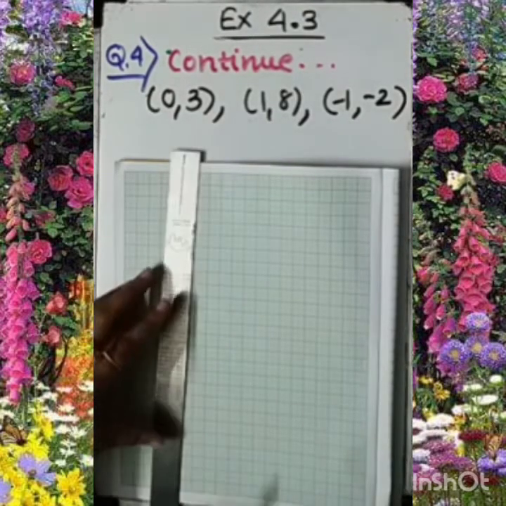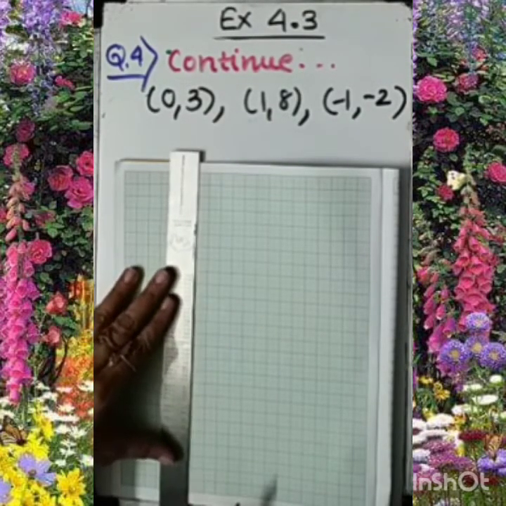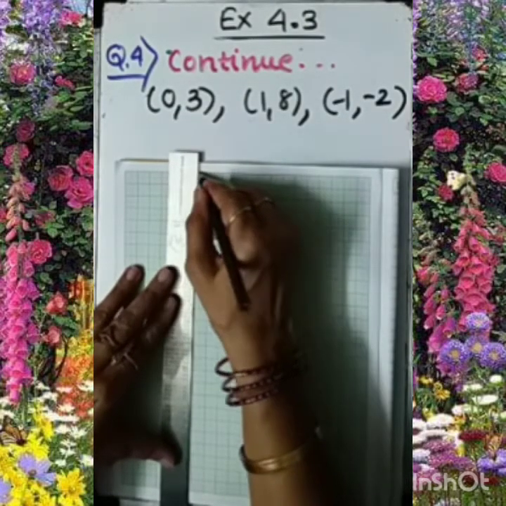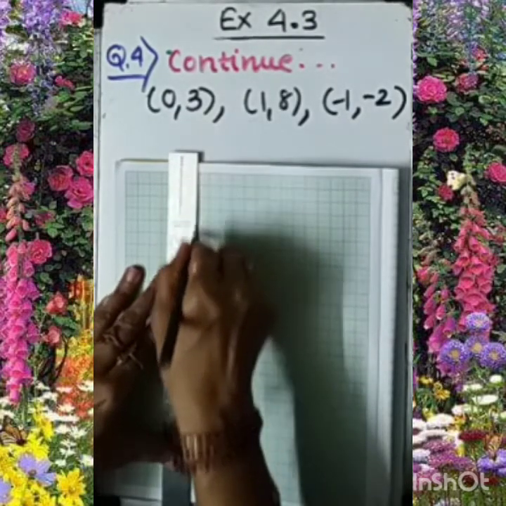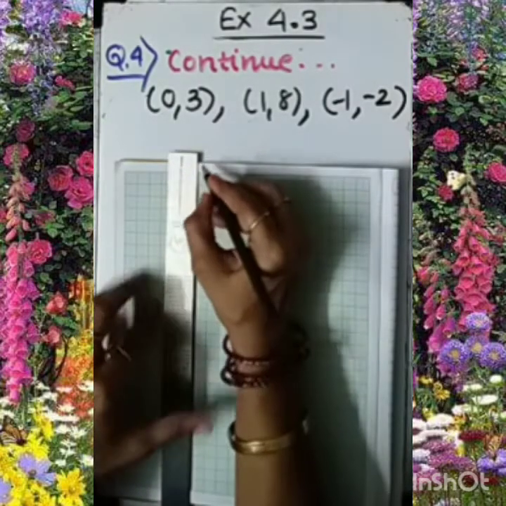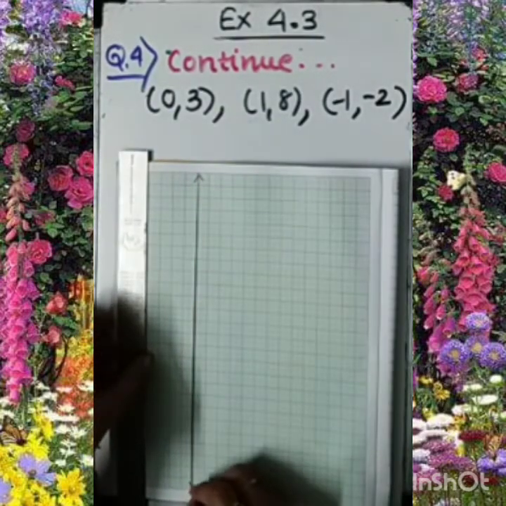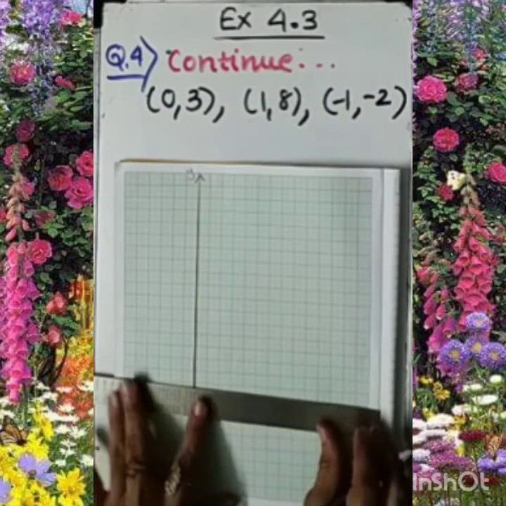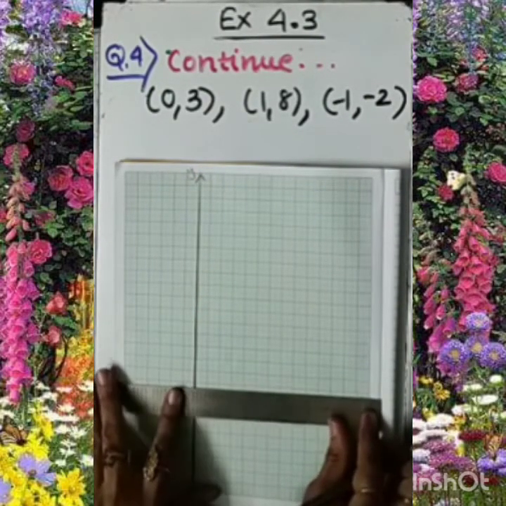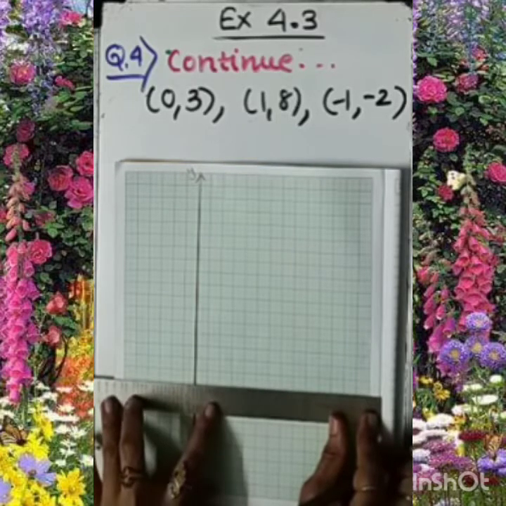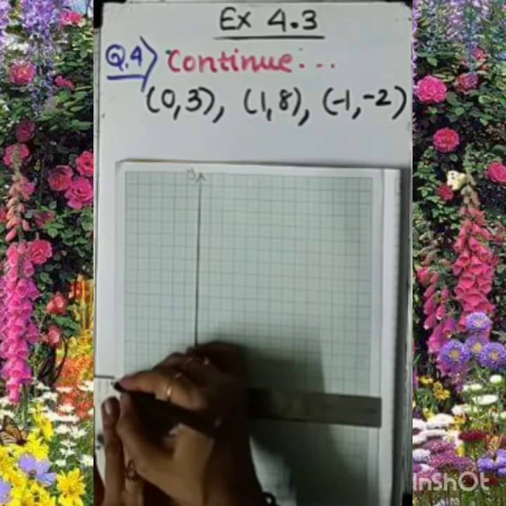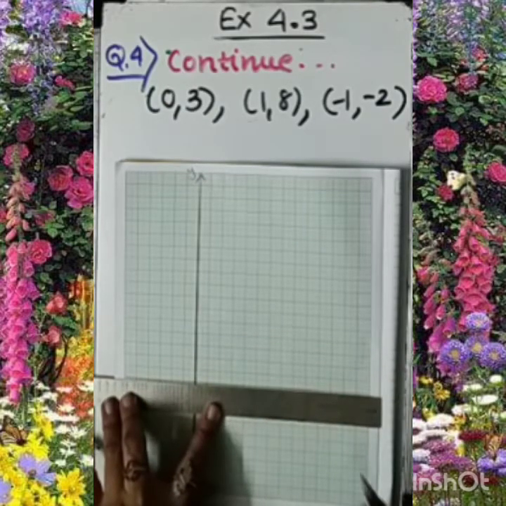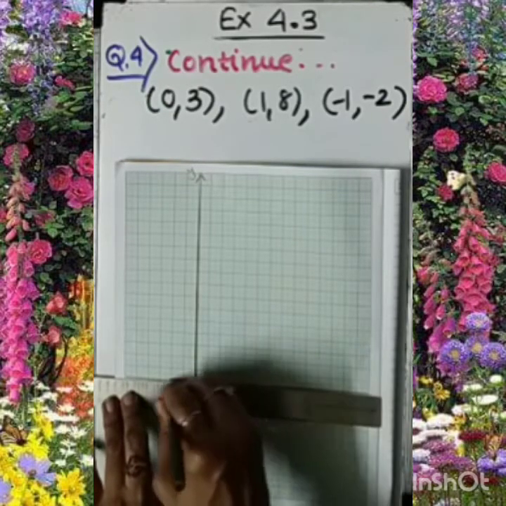According to the given detail, I need to go with 0, 3. So first of all, I am drawing a vertical line, that is the y-axis. This is the y-axis. Okay. What about this side? Let's go with that also. So here this is the x-axis.